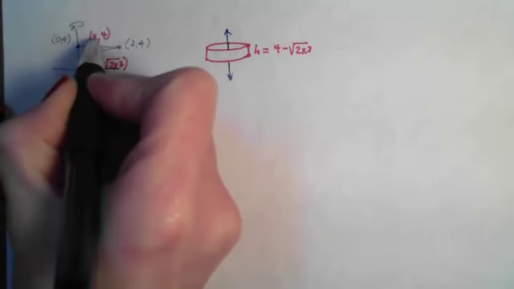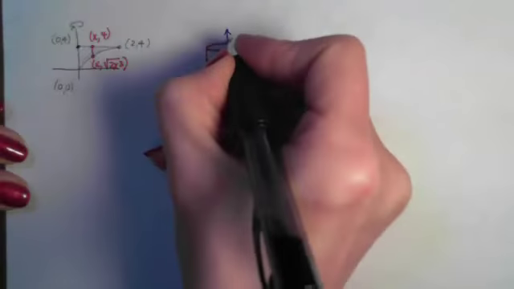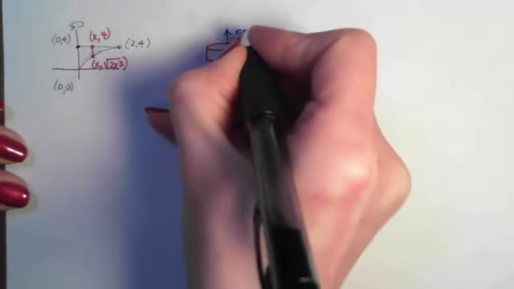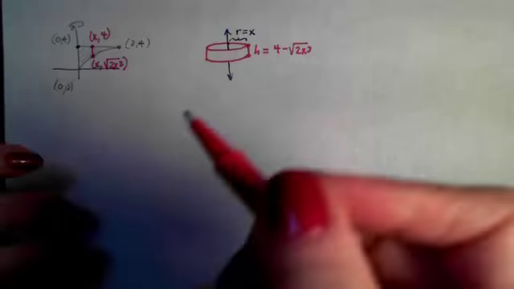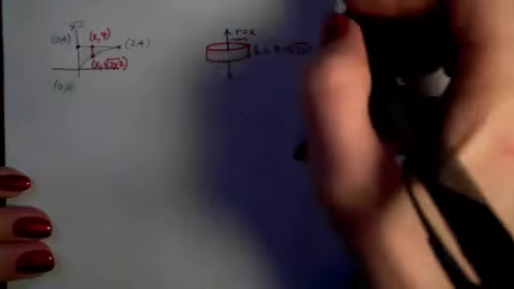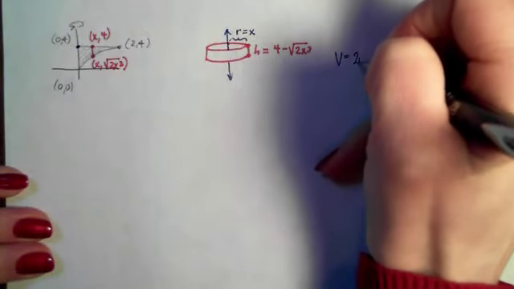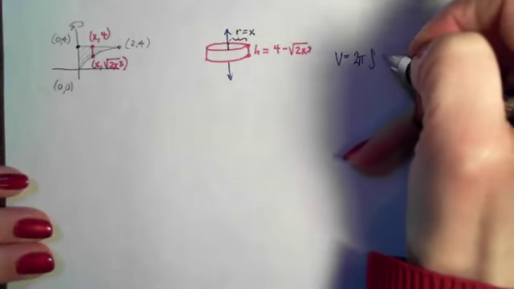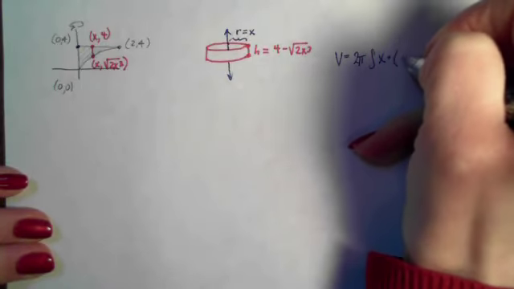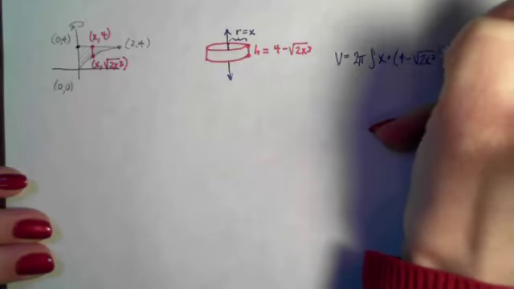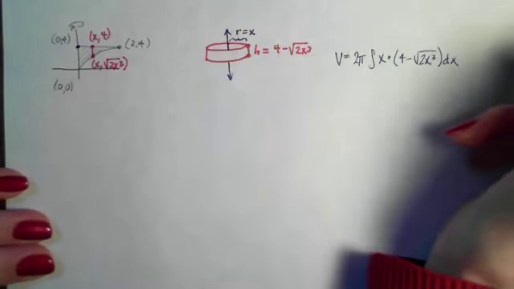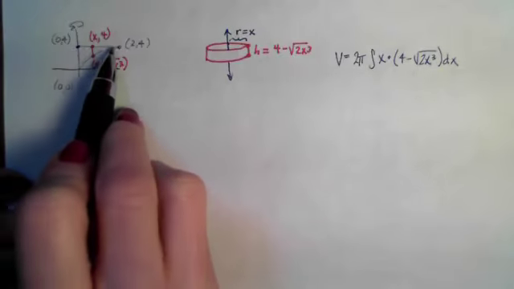Well, that's probably the easiest one, so it'll be an x minus a 0. So my radius is just x. So now I can set up my integral, which will be a 2 pi this time times the integral of the radius times the height times a dx, and we want x to go from 0 to 2.